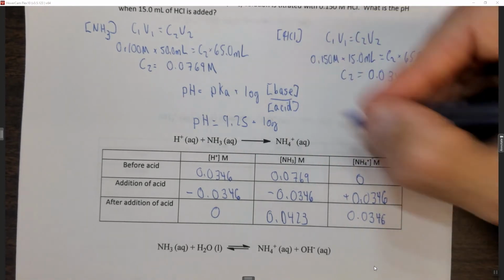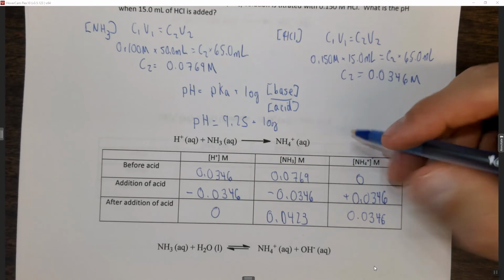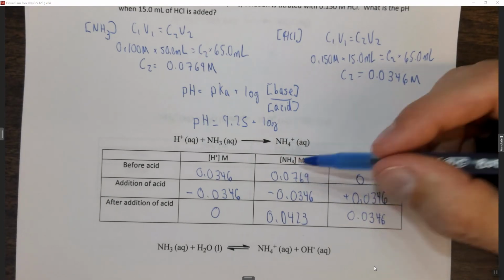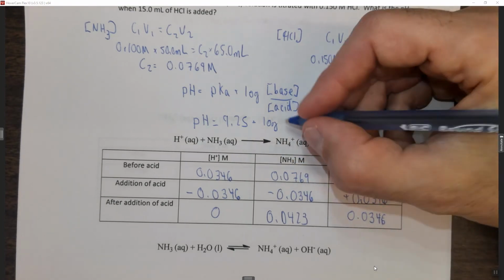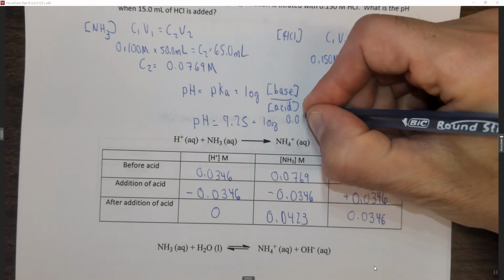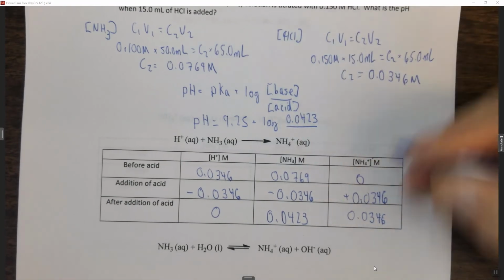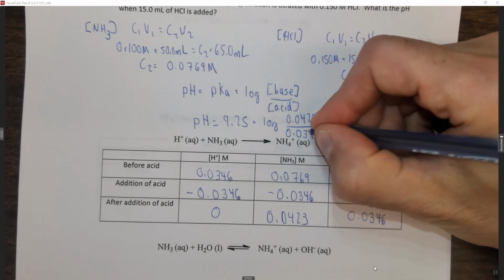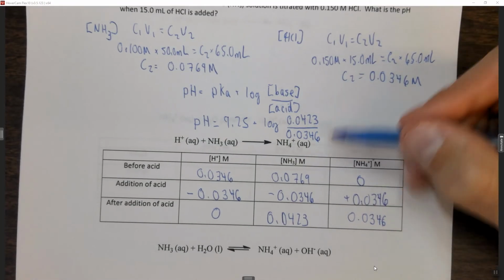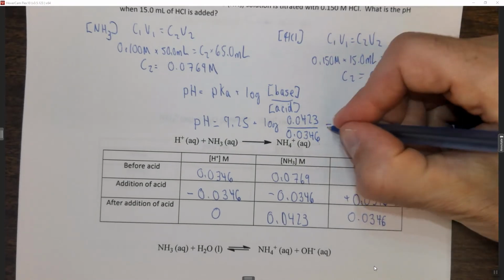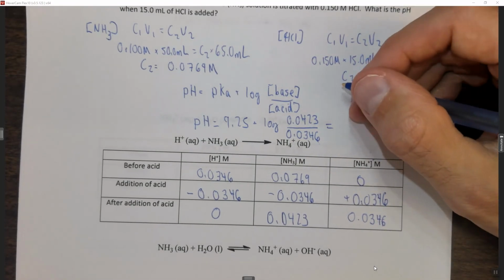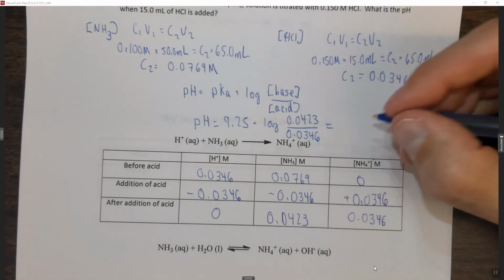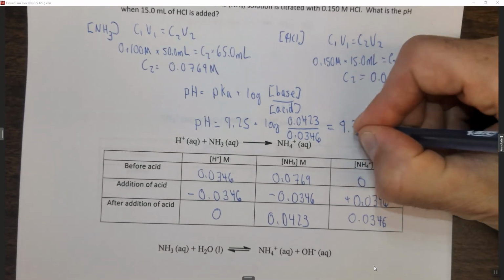The NH3 is the base, sorry, it's a weak base. So 0.0423, divided by the concentration of the acid, which is 0.0346. So we have more base than acid, so our pH should be slightly higher than our pKa, and when we do that, we get 9.34.